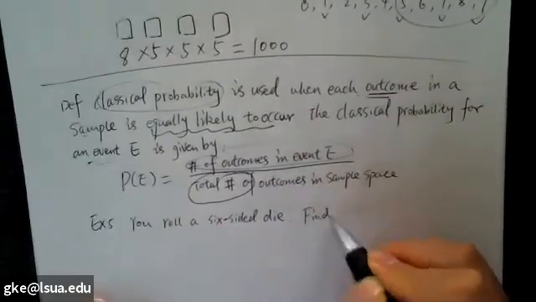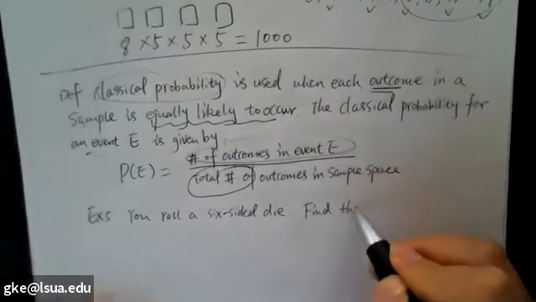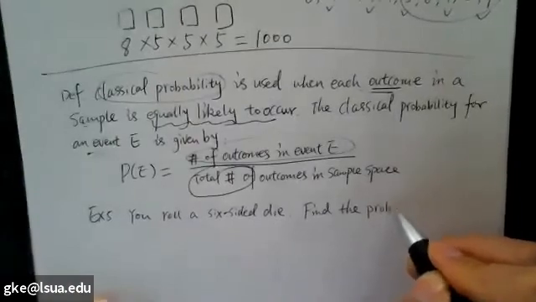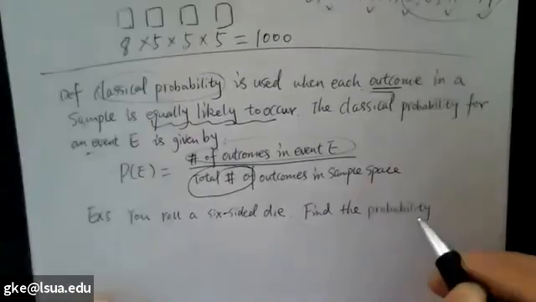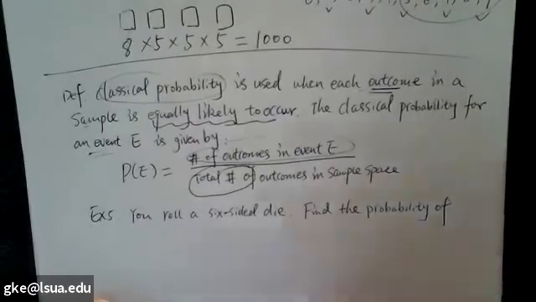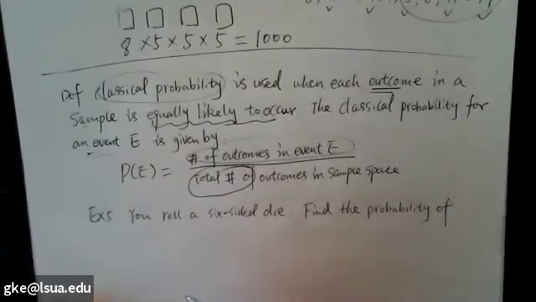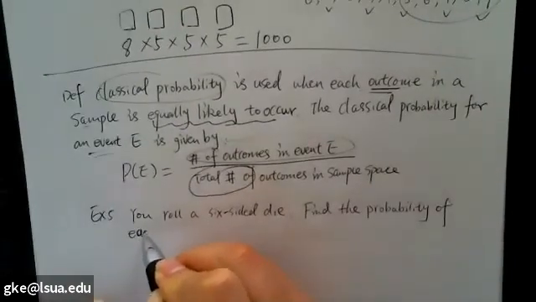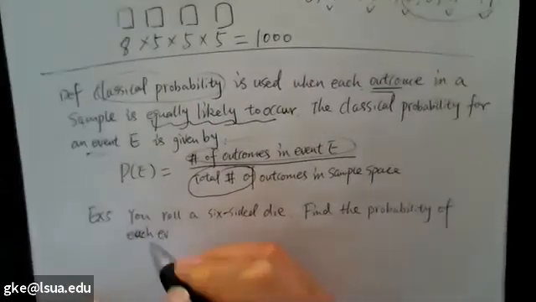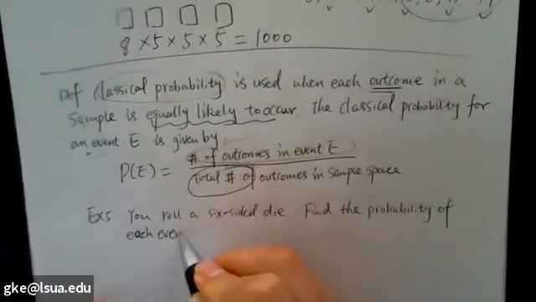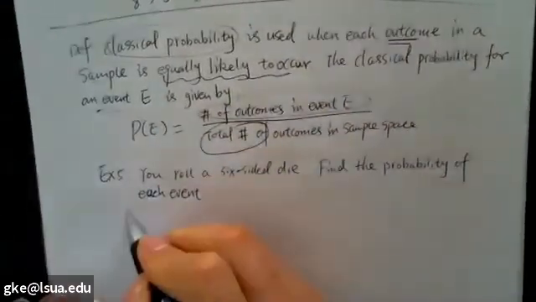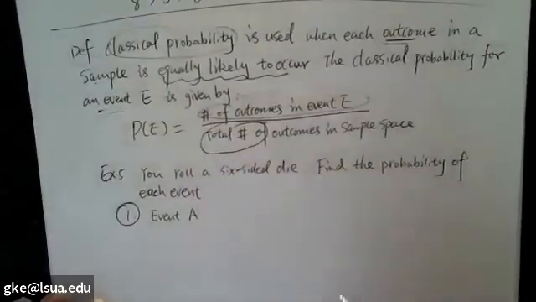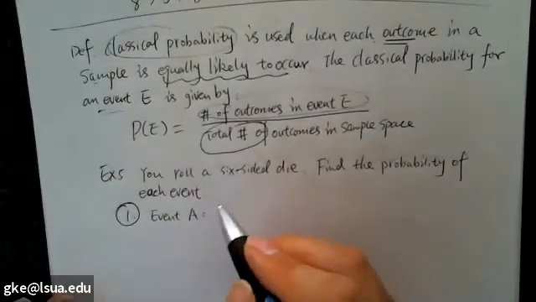Find the probability of each event. The first event A, rolling a 3.